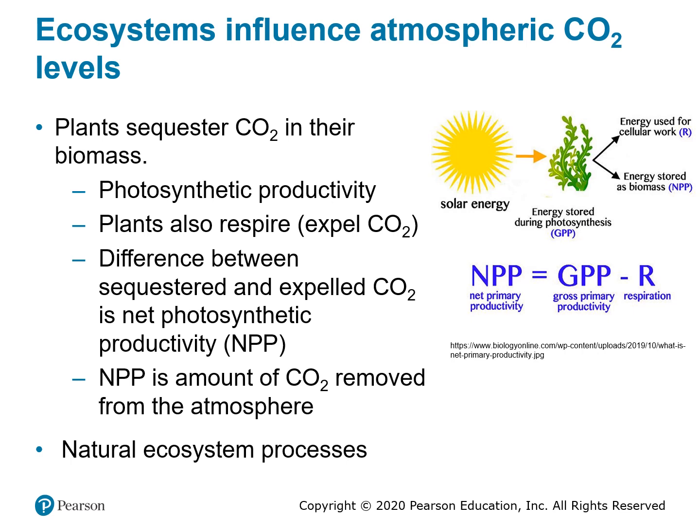Another major consideration in crop and natural ecosystems is that plants sequester carbon dioxide in their biomass. So this is known as the plant's photosynthetic productivity. However, plants also respire and they expel carbon dioxide. So the difference between the sequestered and the expelled carbon dioxide is known as the net photosynthetic productivity, or the net primary productivity, NPP.